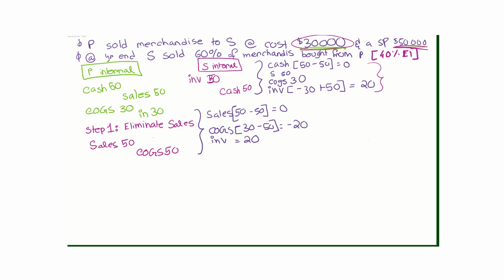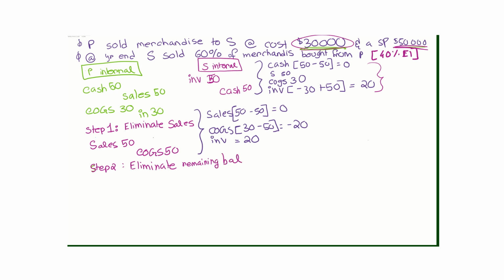So the next step, step 2, is to eliminate the remaining balance. So this is pretty easy.